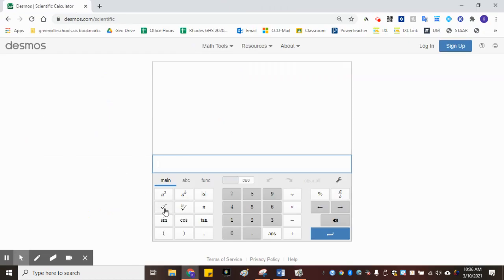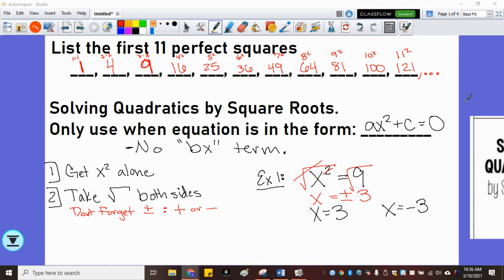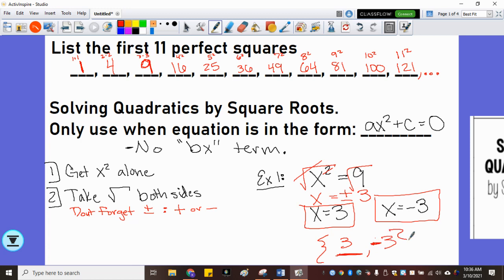And so what we'll be using a lot today is the square root button right here. Square root of 9 is 3. So it's a positive 3 and a negative 3. So that's one way you can write it in the little braces, right? 2 different answers.